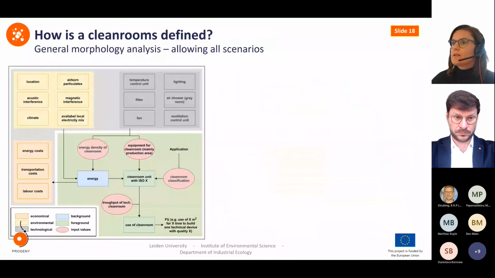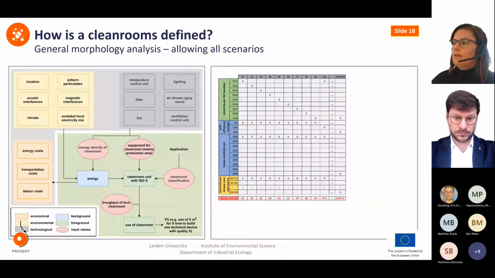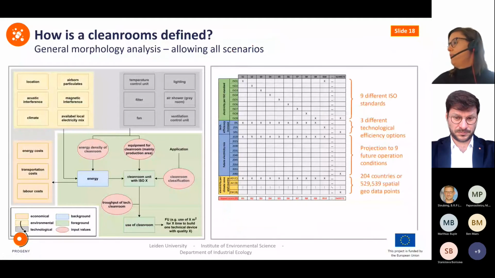In the end, we had a big solution space, which was made up of 4 parameters with a lot of variations, like the ISO standards, 9 different ISO classes. We also included the technology efficiency increase, so that in the future, for example, the efficiency of the clean room usage will be increasing, or by turning the operation conditions off during the night.